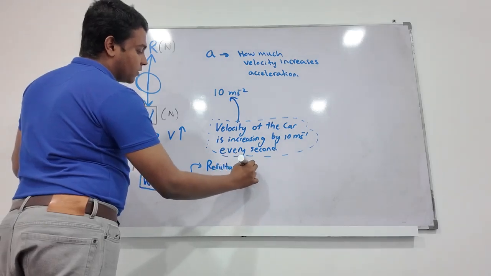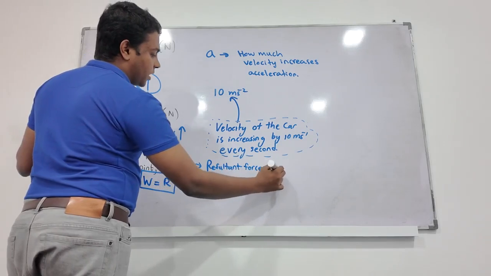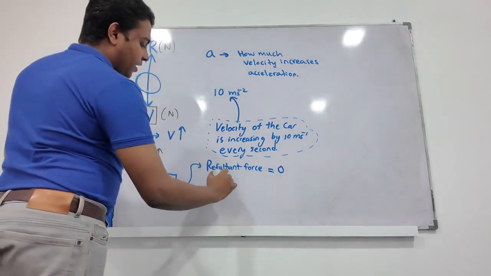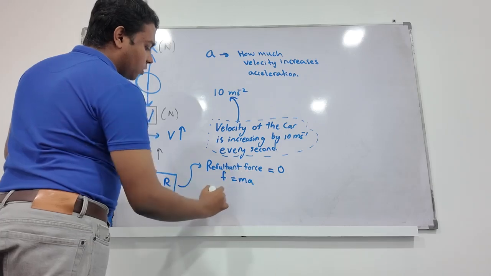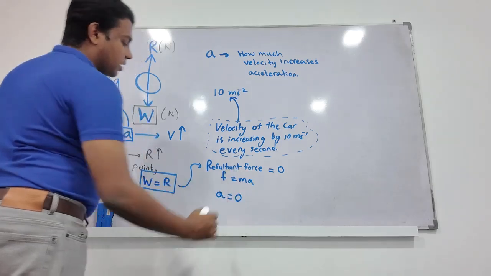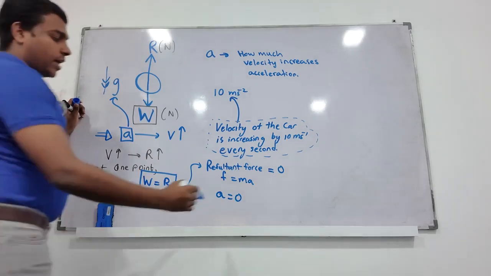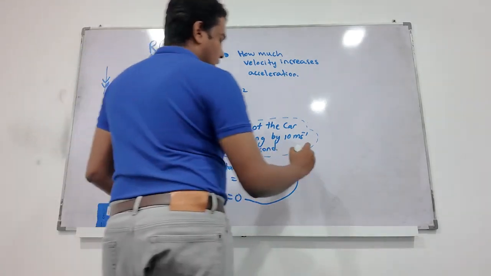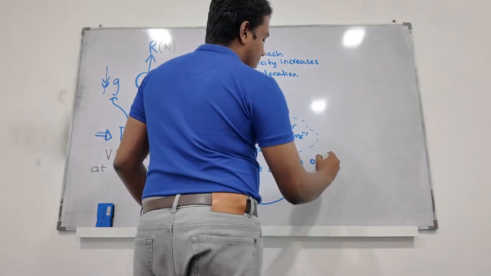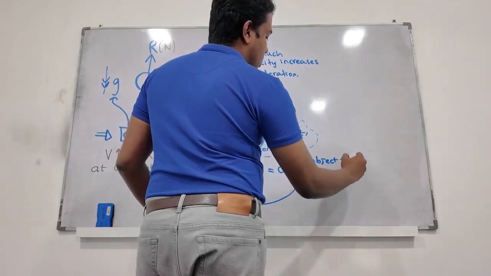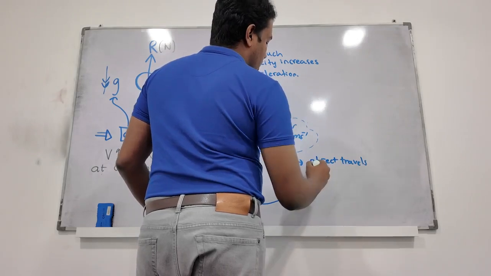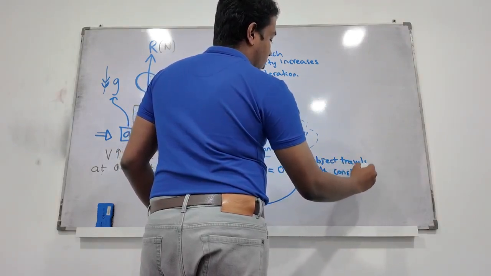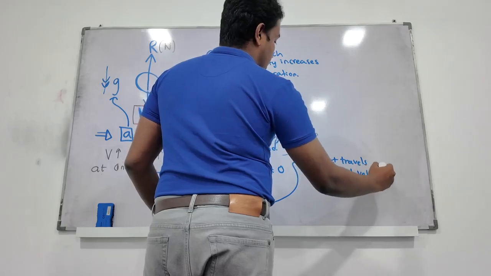The resultant force becomes 0. From Newton's second law, F equals ma, we know acceleration becomes 0. At 0 acceleration, from Newton's first law, we know that the object travels with constant velocity.